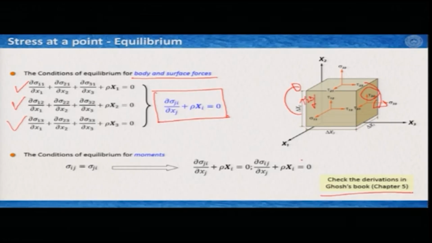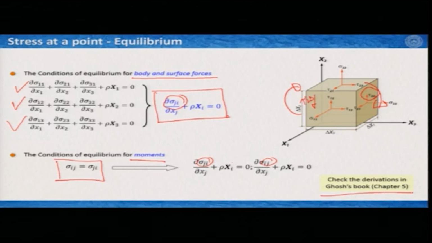So, this is the equilibrium that we consider for moments, and therefore tau 3 2 has to be equal to tau 2 3. Therefore, sigma ij should be equal to sigma ji when your body is in equilibrium. And therefore, here we had sigma ji, you can simply represent it as sigma ij.